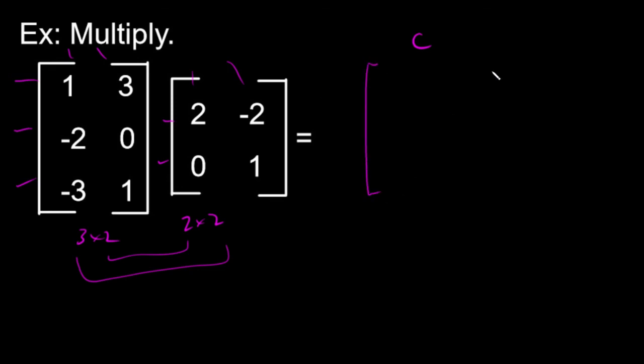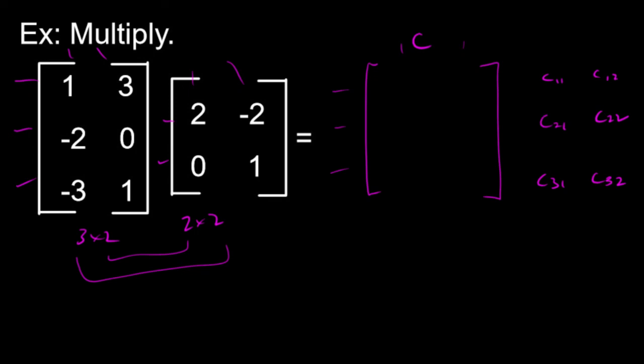And so a 3 by 2 would look like this, where there are 3 rows and 2 columns. I'm going to label them all. C11, C12, C21, C22, C31, C32. And that will help me find what these are, this will help tell me how to get each of these answers.